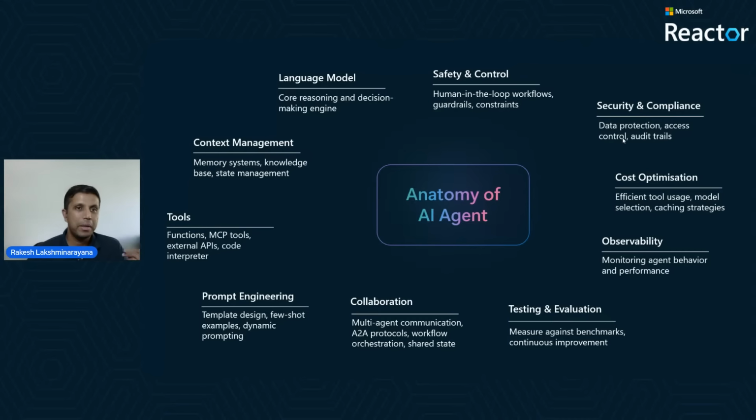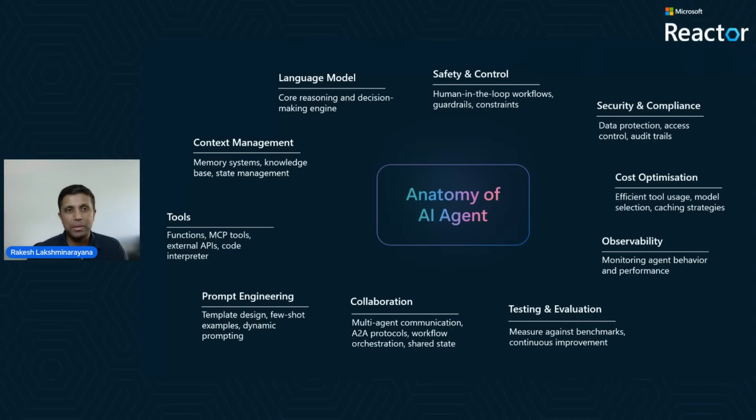You also would need audit trails, and this is to track and understand the agent's access patterns or execution patterns, and to also meet the compliance requirements of the organization. Model calls and tool calls can become expensive if they are not managed properly.